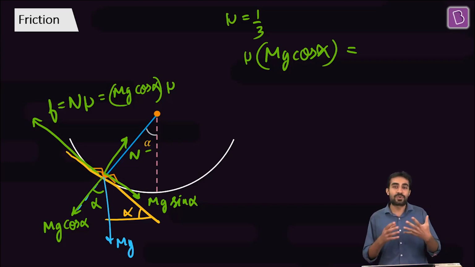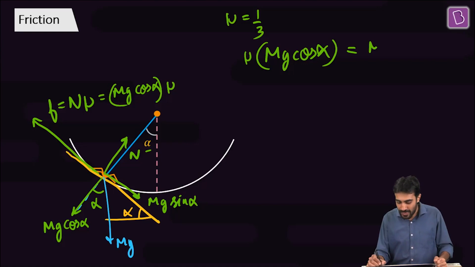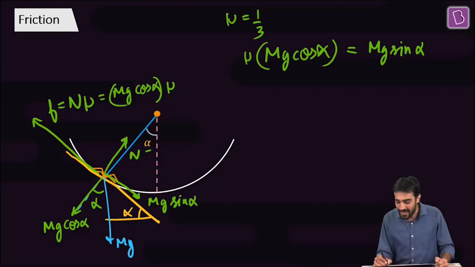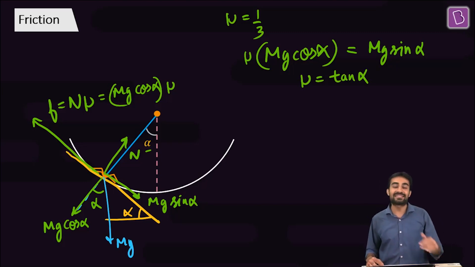If it tries to climb higher up, then it will slip, but at this particular height it is stable. So this is equal to mg sin alpha, right? Now this means that mu is equal to tan alpha, right? Mu is equal to tan alpha. Alpha is tan inverse mu. We got the angle alpha, the maximum possible angle alpha.